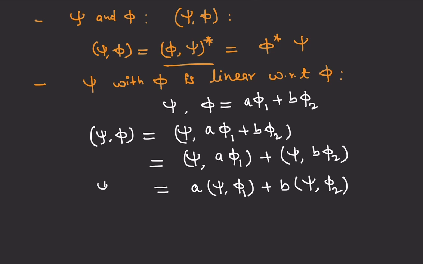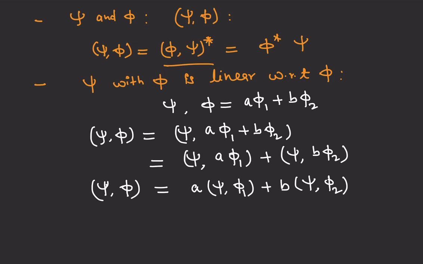So ultimately we get the scalar product of psi with phi, where phi is given as the addition of a phi 1 and b phi 2.